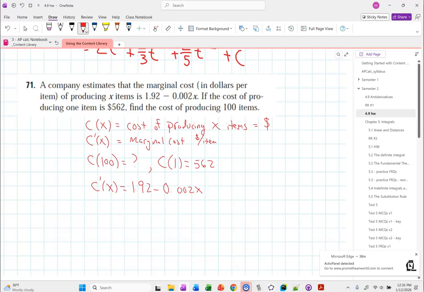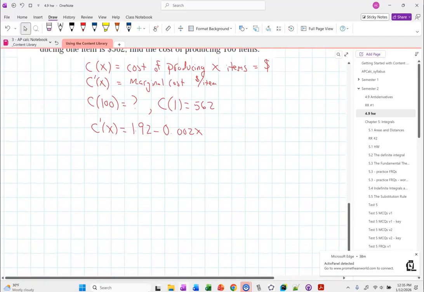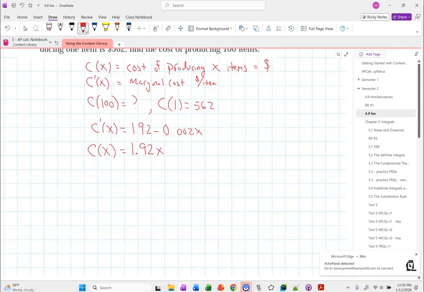So now this is just like a normal general antiderivative problem where we're given a point, so we can find the specific antiderivative. The antiderivative of 1.92 is 1.92x. The antiderivative of 0.002x is 0.002x squared over 2. And then I have a plus c. So far, so good. To solve for the c, I'm going to use that C of 1 is 562.